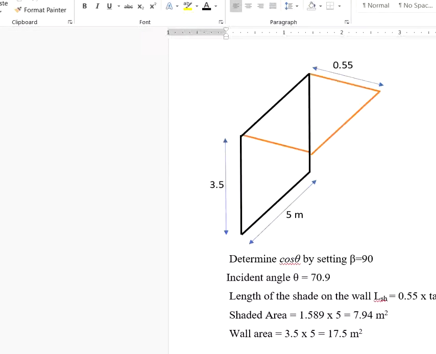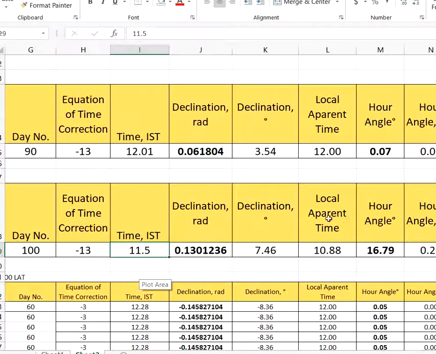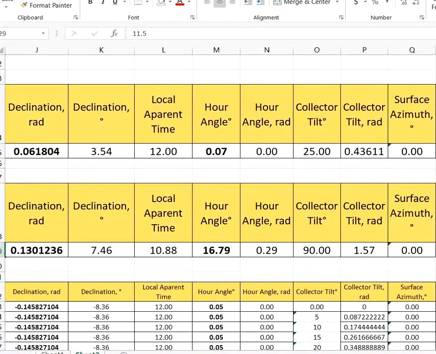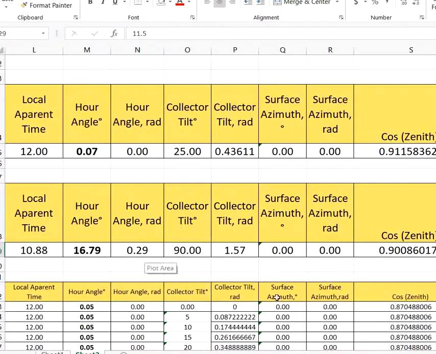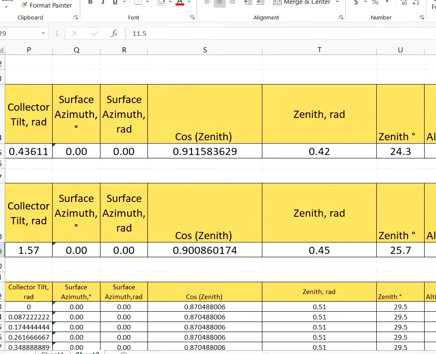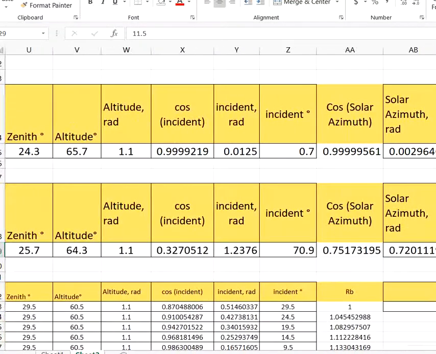So let us concentrate on these readings. Collector tilt is 90 degrees, so beta equals 90, vertical solar radiation falling on a vertical surface. Surface azimuth is 0. Then zenith, altitude, and cos of incident angle. So cos theta comes out to be 0.327. Incident angle is 70.9.